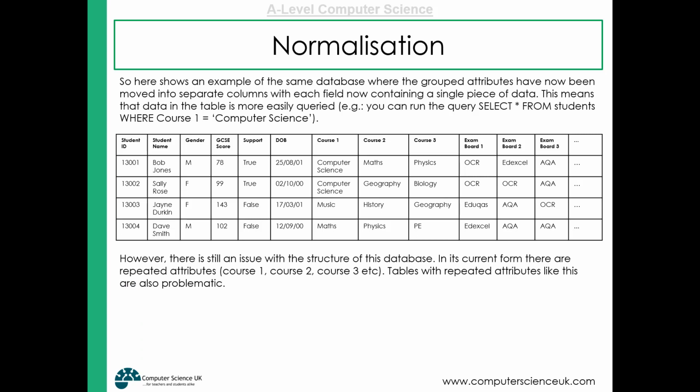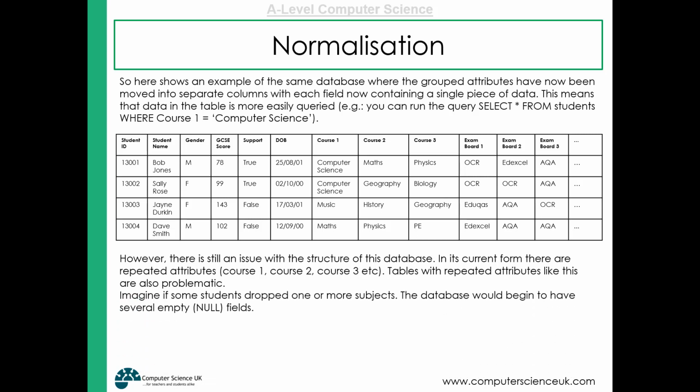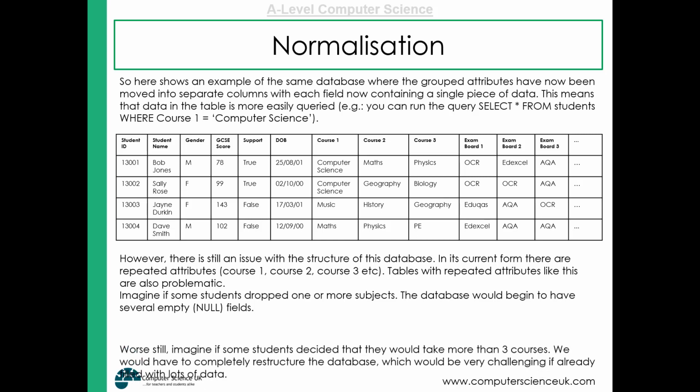Now we've still got an issue here because in its current form we've actually got repeated attributes. Okay, they're not grouped anymore, but they are repeated attributes. Course 1, course 2, course 3, they're all repeated. And that does bring some problems. So imagine if a student wanted to drop a subject, the database would begin to have null fields, so empty fields.